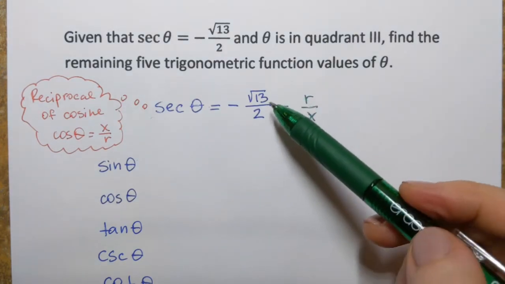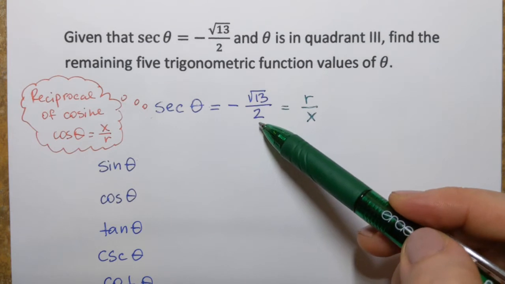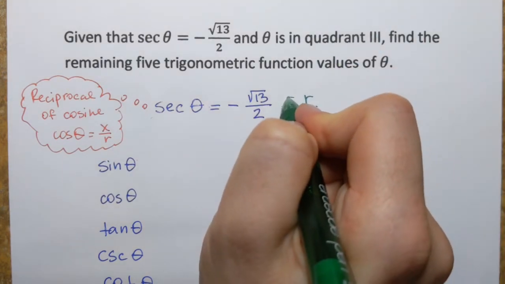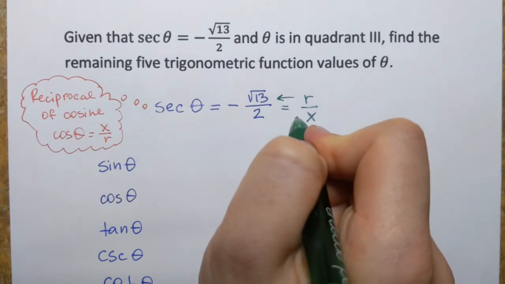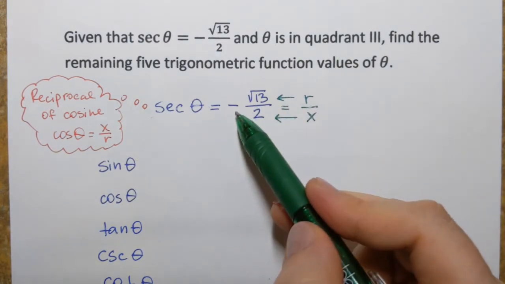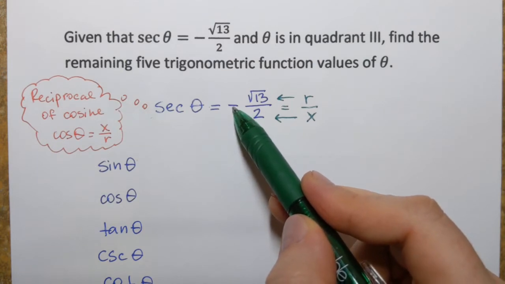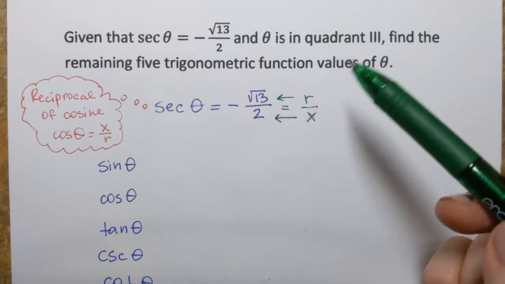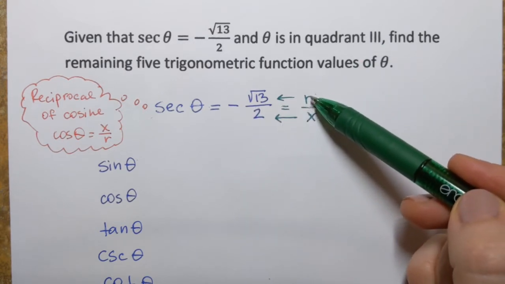And that means that numbers in this ratio correspond to r and x. So the numerator corresponds to r and the denominator corresponds to x. Well, the only question, where should we put the negative sign? Right now it's in the front. Well, let's think. We know that r, the radius, is always positive.